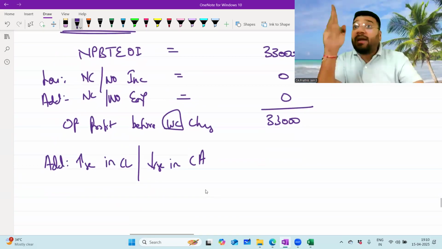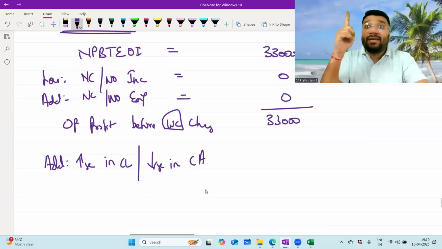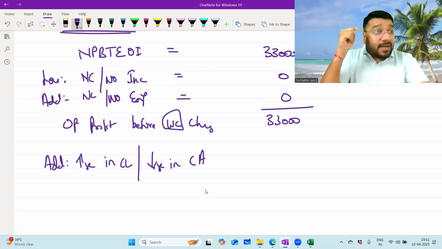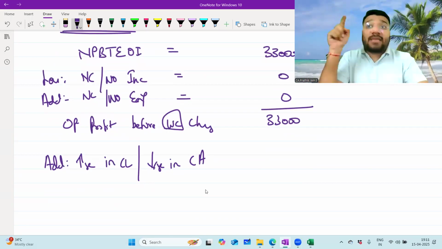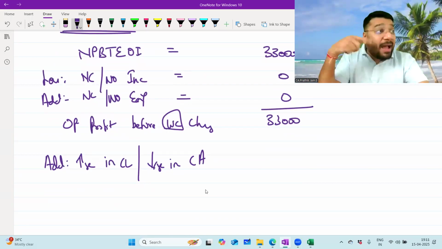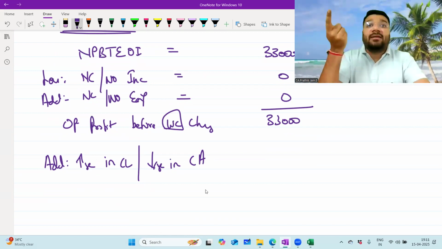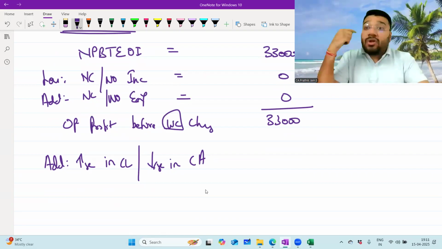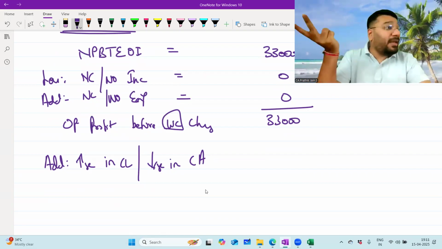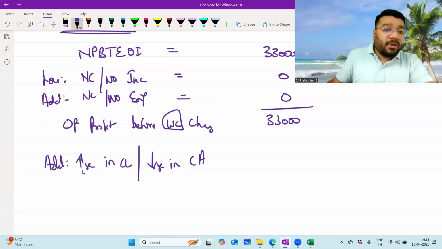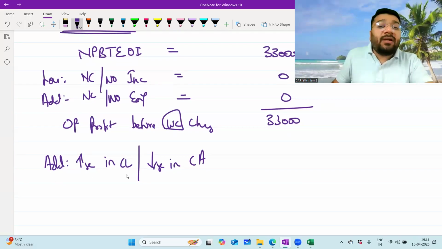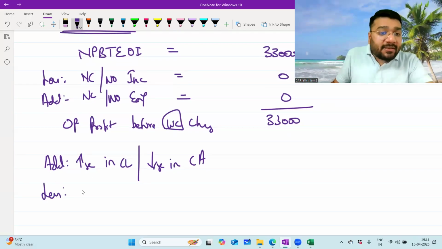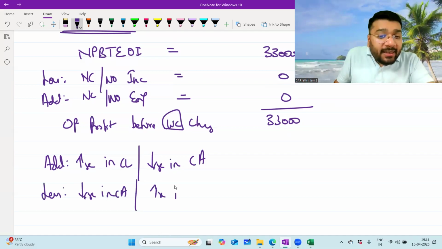As a CA, you should understand if I'm adding this or subtracting this, what is the logic behind it? The logic is very essential because tomorrow your junior can ask, your boss can ask, any peer can ask. So add increase in current liability, decrease in current asset; less decrease in current liability, increase in current asset.